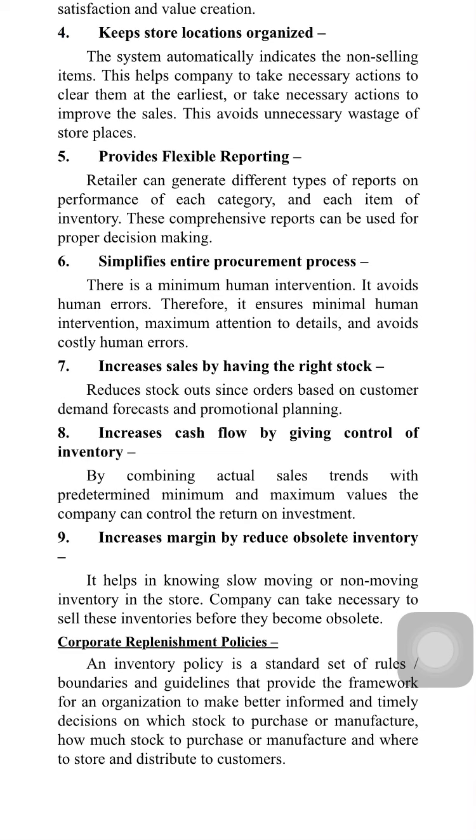Next, increases cash flow by giving control of inventory. This is nothing but by combining actual sales trends with predetermined minimum and maximum values, the company can control the return on investment.